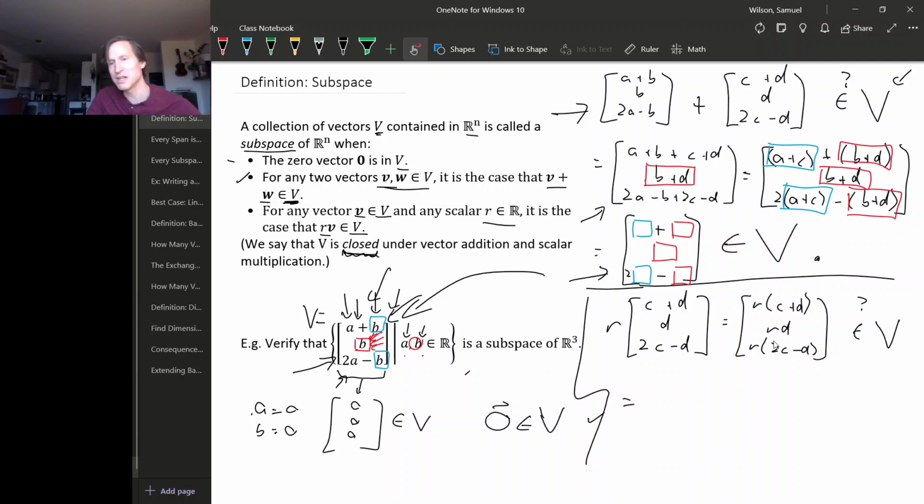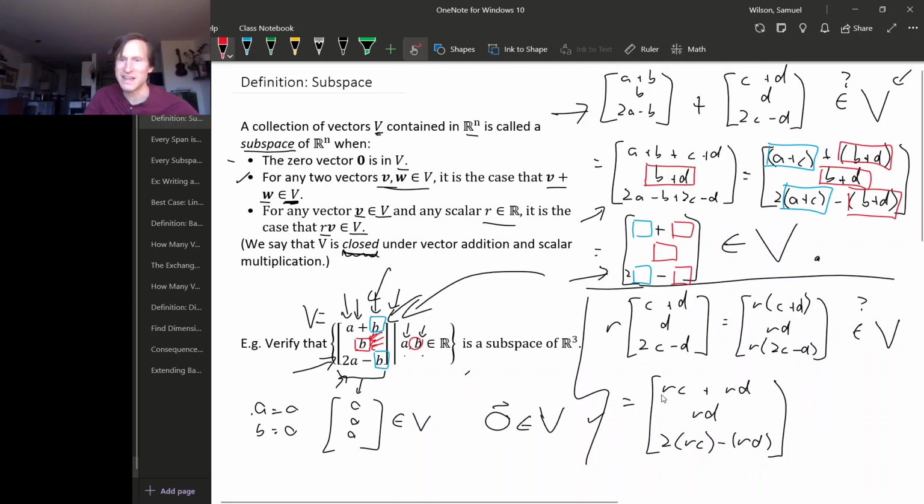But again, we can do a little algebra with the entries here. This gives us rc plus rd, rd, and 2 times rc minus rd. And once again, you see we have this scalar in the red box, and this scalar in the blue box.